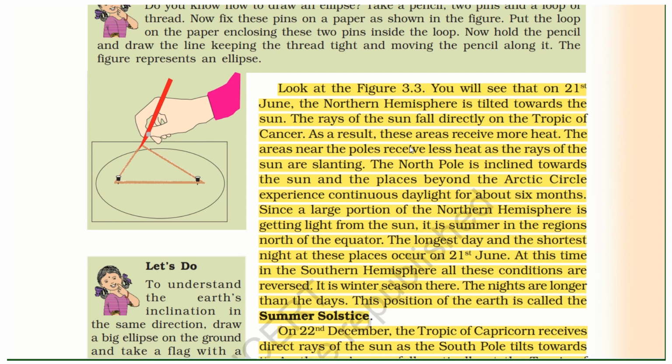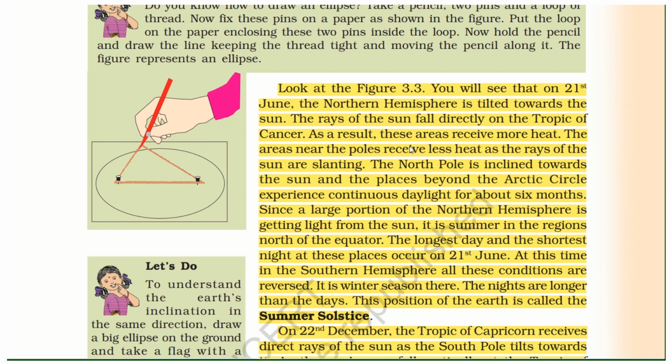The North Pole is inclined towards the Sun, and the places beyond the Arctic Circle experience continuous daylight for about 6 months. Since a large portion of the northern hemisphere is getting light from the Sun, it is summer in the regions north of the equator. The longest day and the shortest night at these places occur on 21st June.